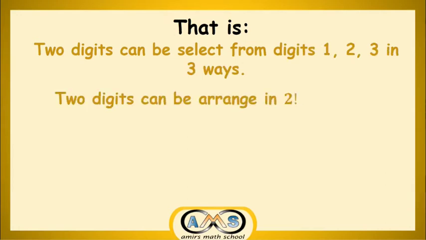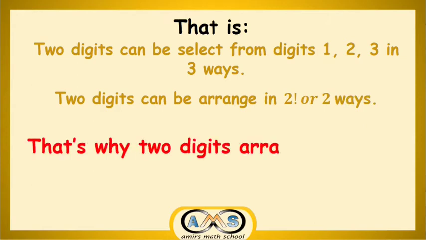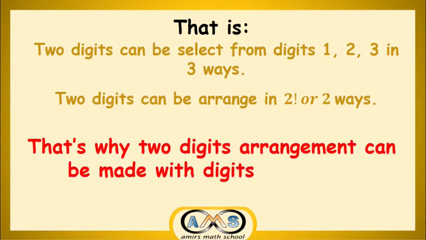Two digits can be arranged in 2 factorial or 2 ways. That's why the number of two-digit arrangements that can be made with digits 1, 2 and 3 is 3 into 2. Here first we have to select and then we have to arrange the selected objects. According to the AND rule, the number of ways of selection multiplied by the arrangement, that is 3 into 2, is equal to 6.